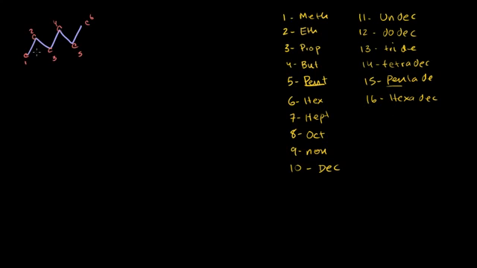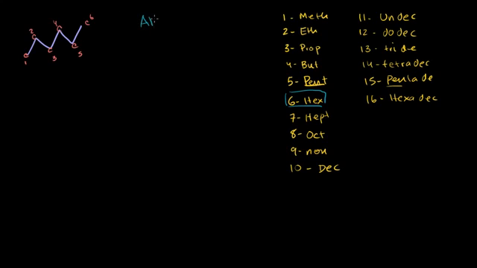What I drew here is just one chain. So let's try to name it. How many carbons do we have here? Well, we have 1, 2, 3, 4, 5, 6 carbons. So we'll be dealing with hex as a prefix. And then to get the postfix, or the root, you look to see if there are any double bonds here. And there are no double bonds here. And if we have no double bonds in this carbon chain, we're dealing with an alkane.